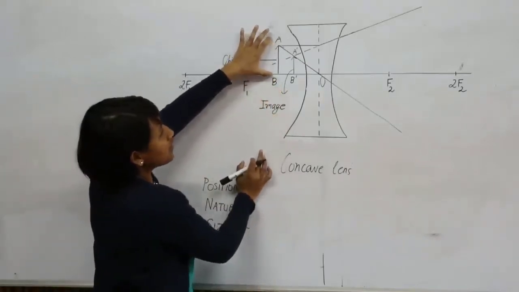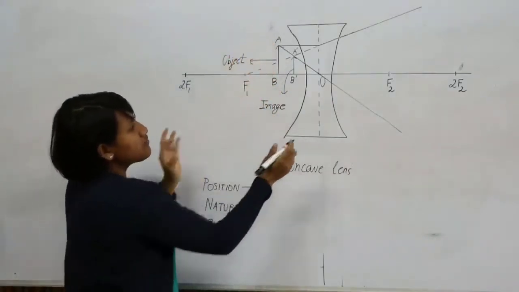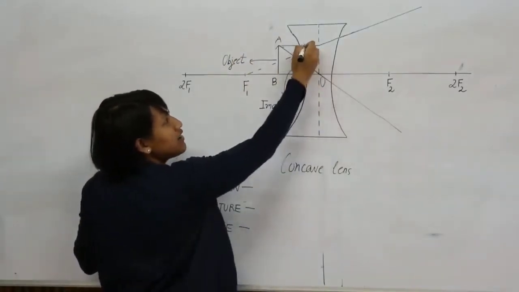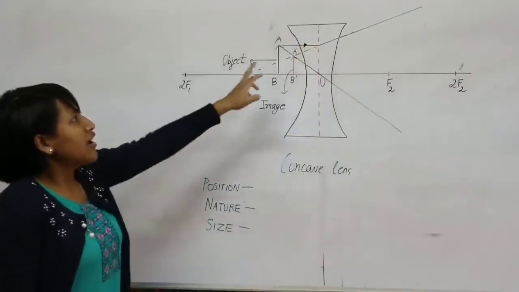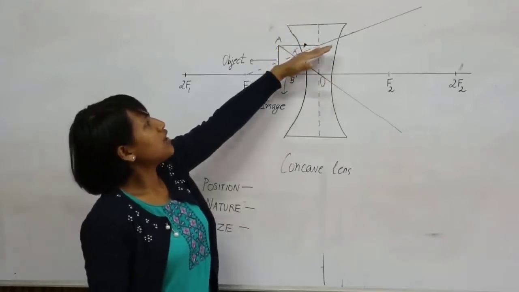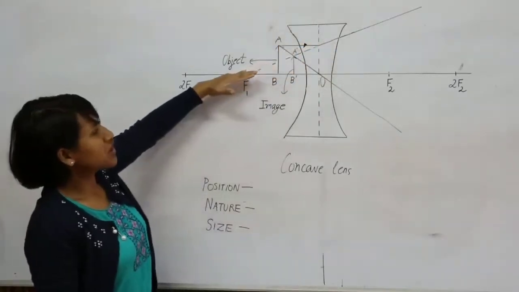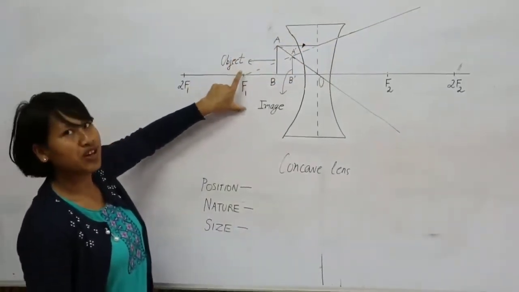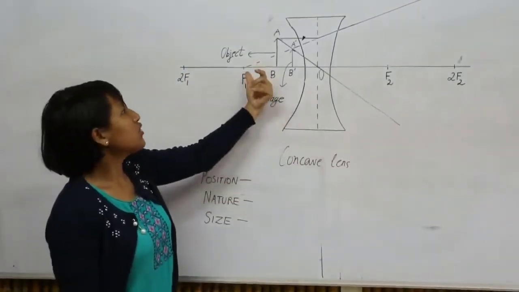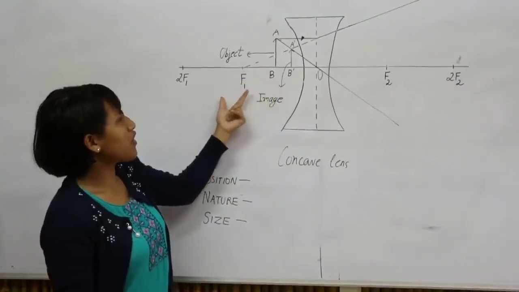We have taken the object AB, and likewise two rays of light. The parallel ray of light, after refraction, will appear to diverge from the first principal focus in the case of a concave lens. So it will appear to diverge from f1.